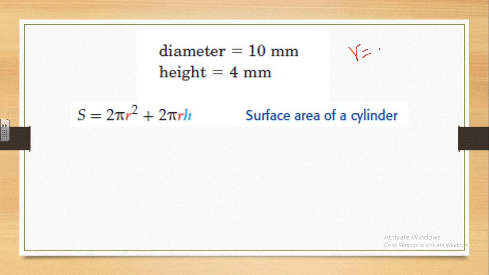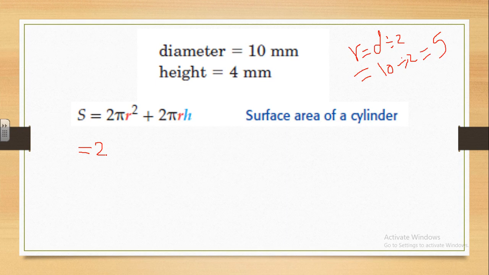Super, it's correct. To find the radius, all we have to do is divide the diameter by 2. The diameter here is 10, so that will be 10 divided by 2 equals 5. That's great. Okay, now let's find the surface area of the cylinder.